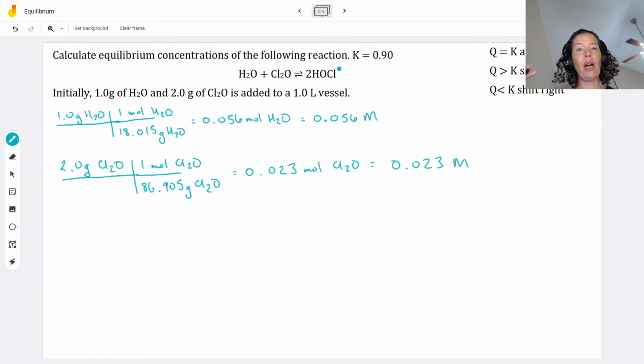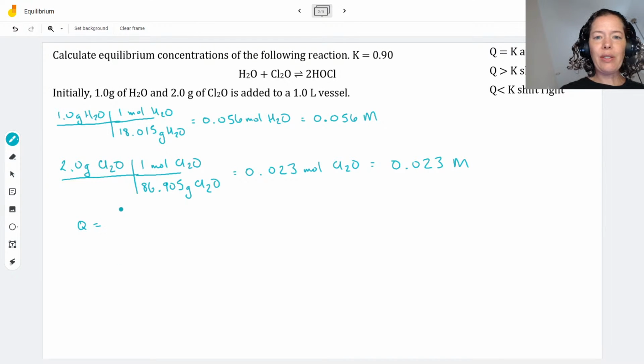If you have 0 product, it's going to shift to product, or 0 reactant, it's going to shift to reactant. So I already know, just based on Le Chatelier, that we ought to be shifting towards product here, but we can still calculate Q and use our rules here and determine which way it's going to shift. We can use either, and they should agree. Okay, so let's calculate Q.